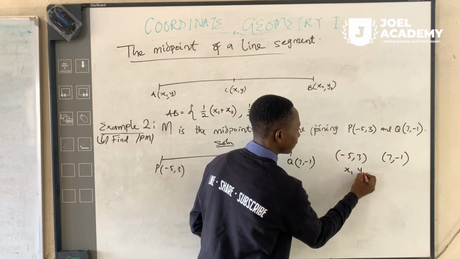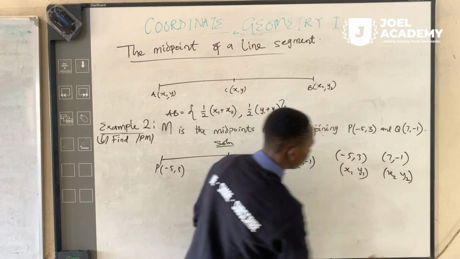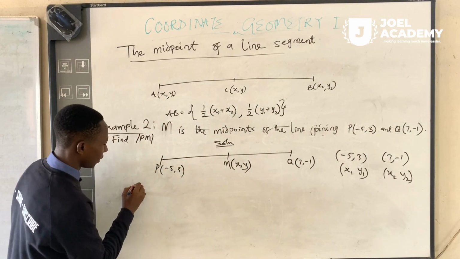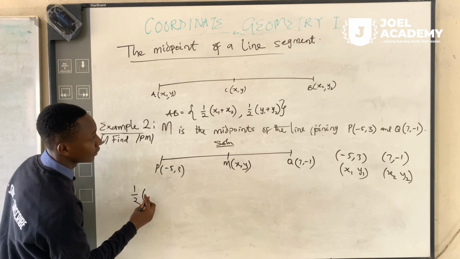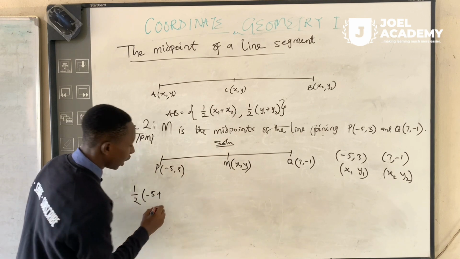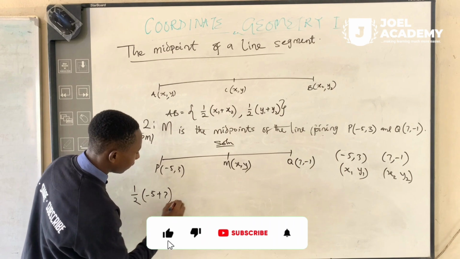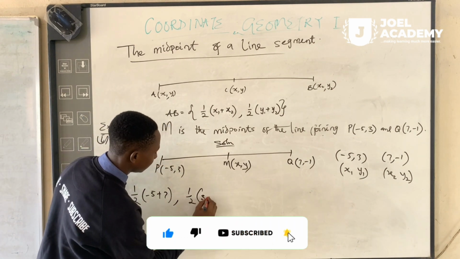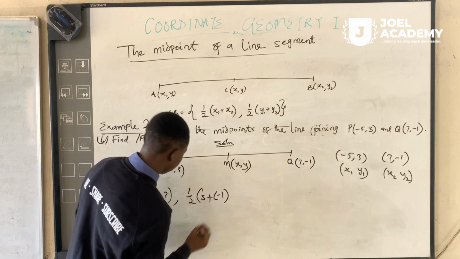These are x1, these are y1, these are x2, these are y2. So we substitute into the formula: 1 over 2 into bracket our x1, which is minus 5, plus our x2, which is 7, comma 1 over 2 open bracket our y1, which is 3, plus our y2, which is minus 1.